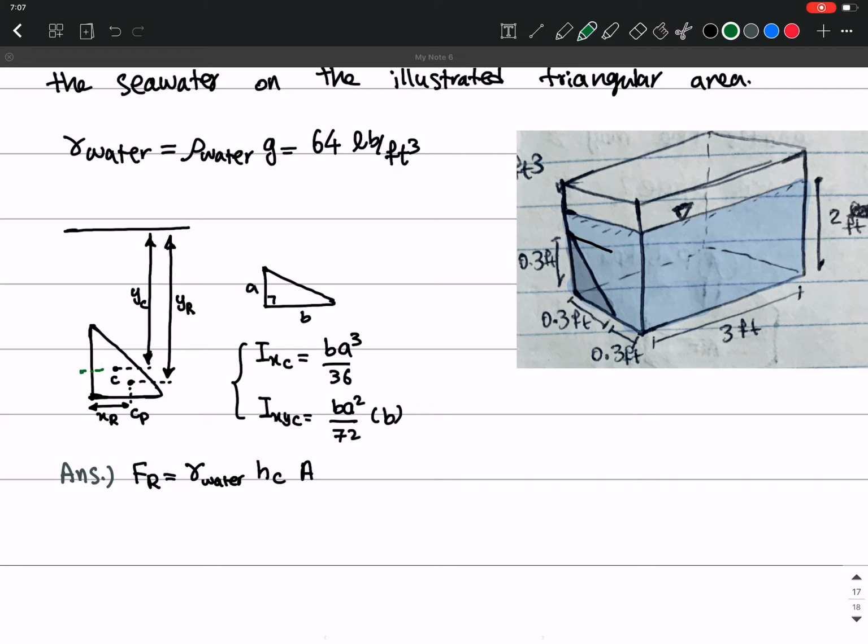Also, these are given in the tables. This is going to be 1/3 of that side, so it's going to be 0.1 foot, and this is going to be 2/3 of that, so this is going to be 0.2 foot. Okay, and the whole thing is given in the problem.